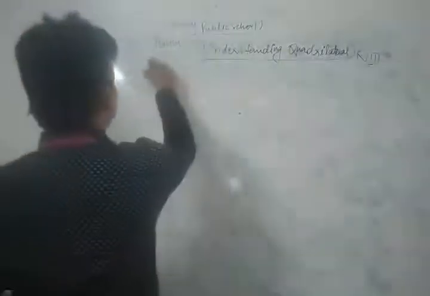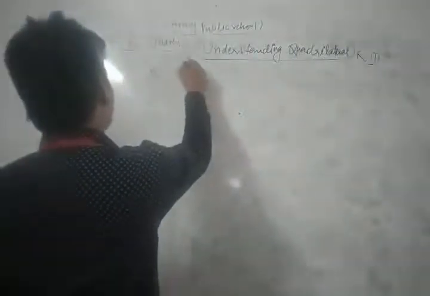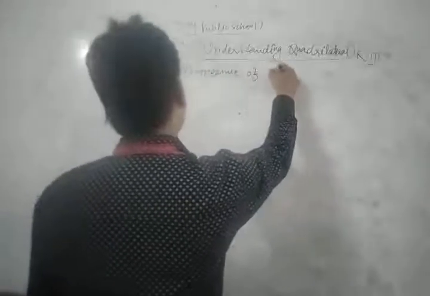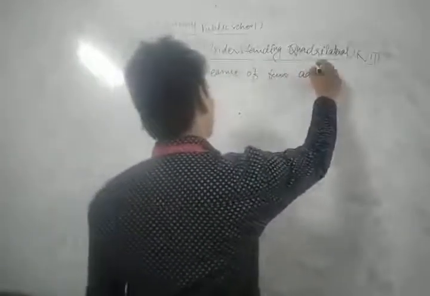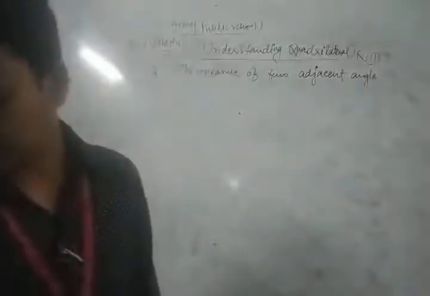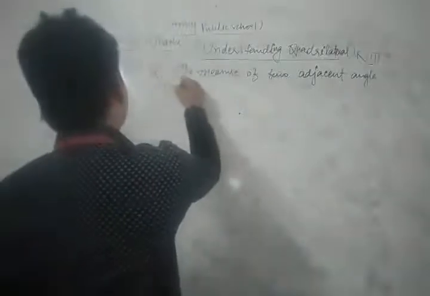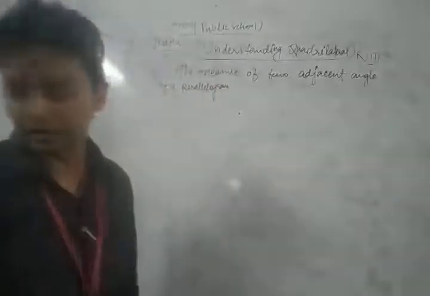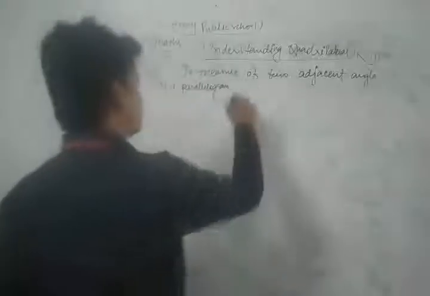Your question is: the measure of two adjacent angles of a parallelogram are in the ratio 3:2.